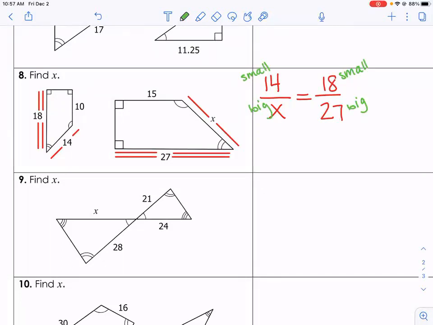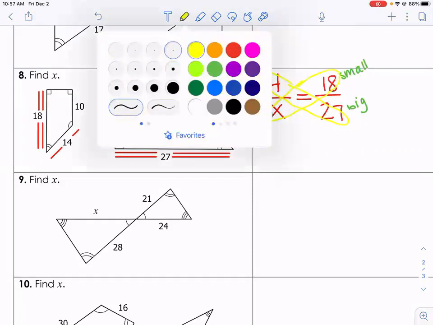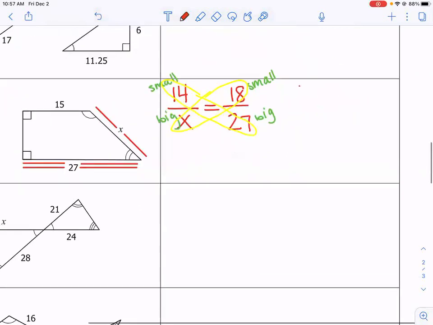What is this called when we do this? Cross multiply. So we have 18 times X equals, what's 27 times 14? 378.